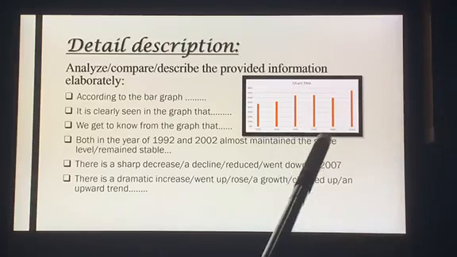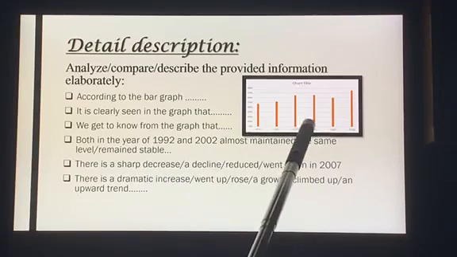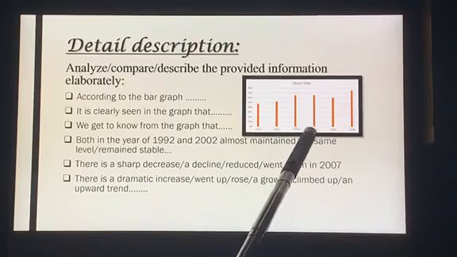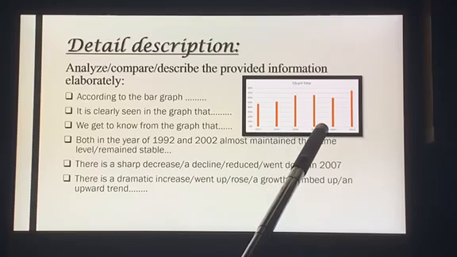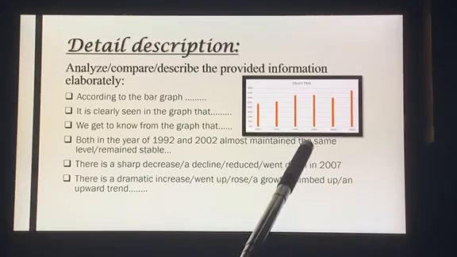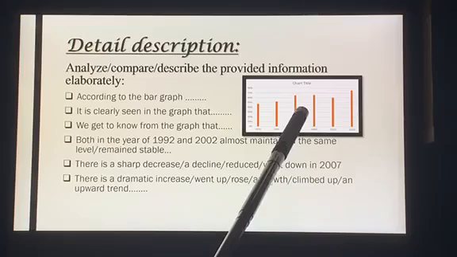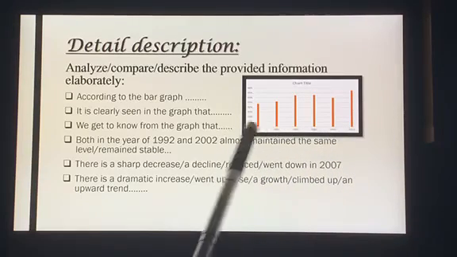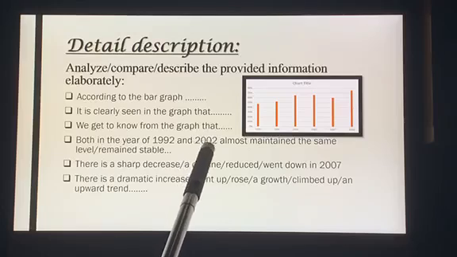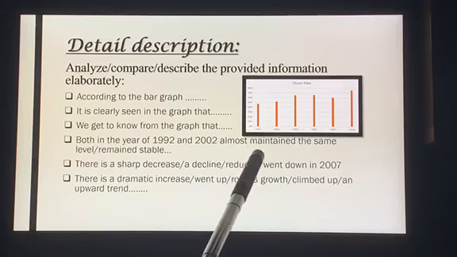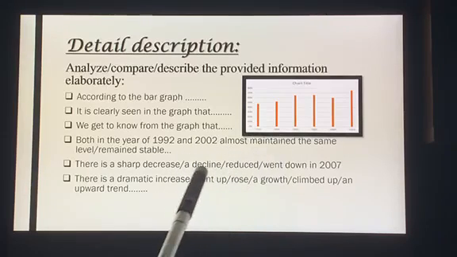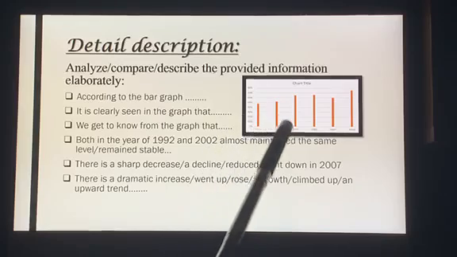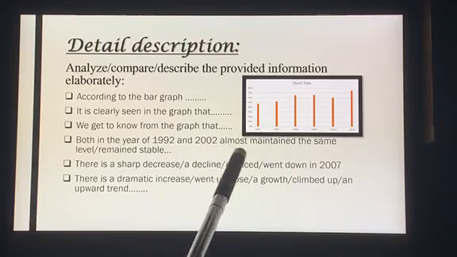While mentioning here, these two bars represent that in these years the growth is almost static, only 1% difference you can see here. So you can mention that both in the year of 1992 and 2002 almost maintain the same level or remain stable with the 1% growth in the literacy rate.